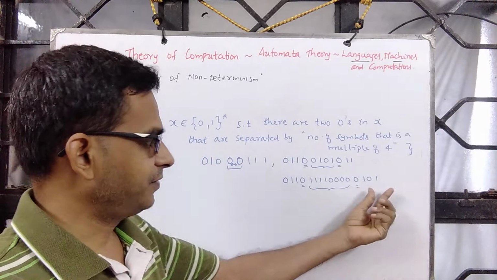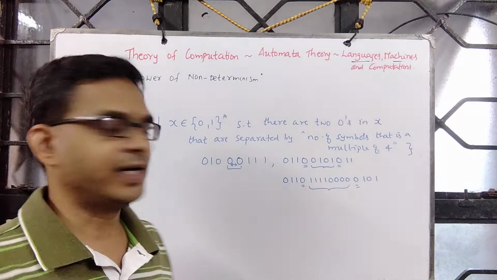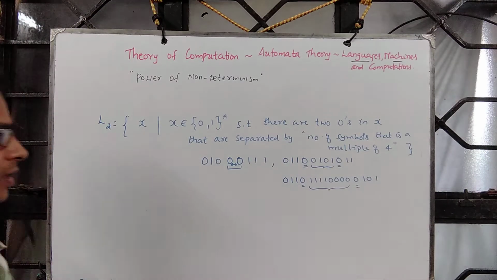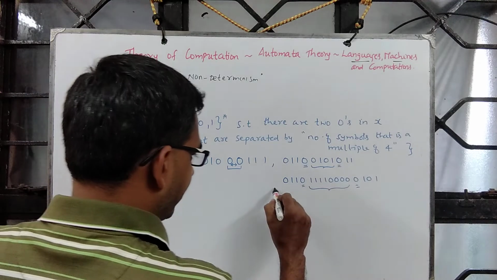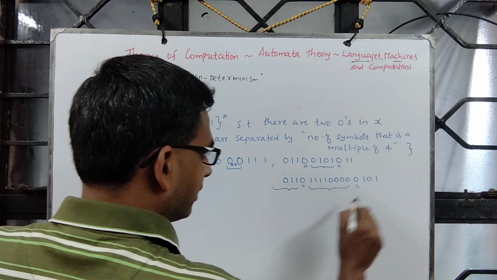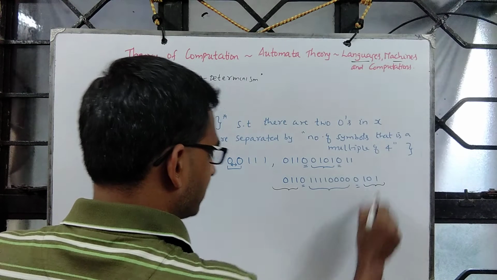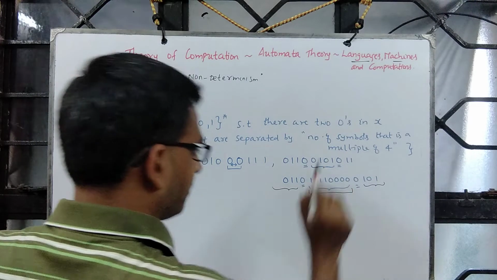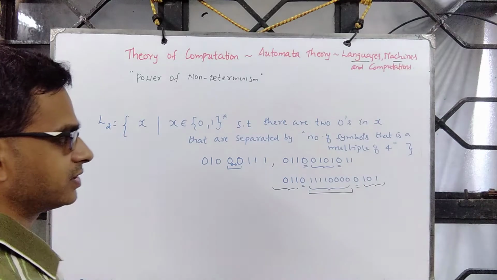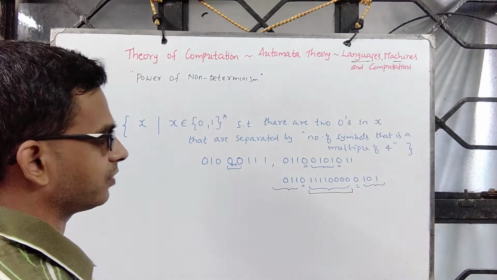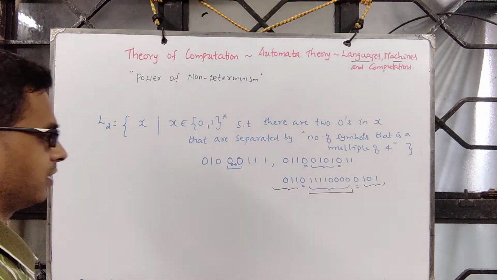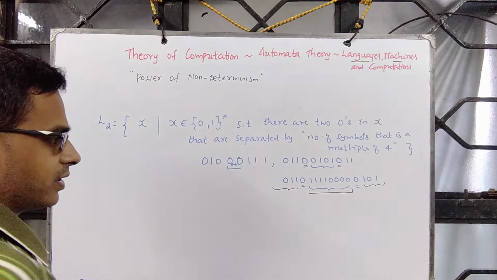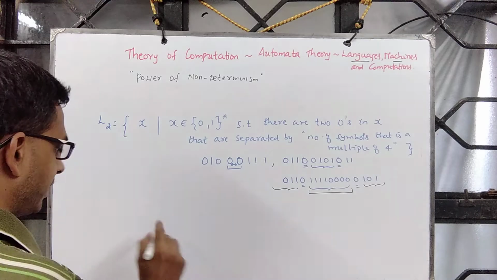The prefix and suffix could be any string over 0, 1, but the only condition is that the string length in between is a multiple of 4.